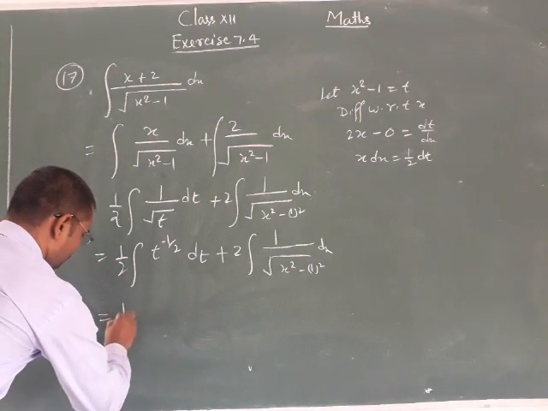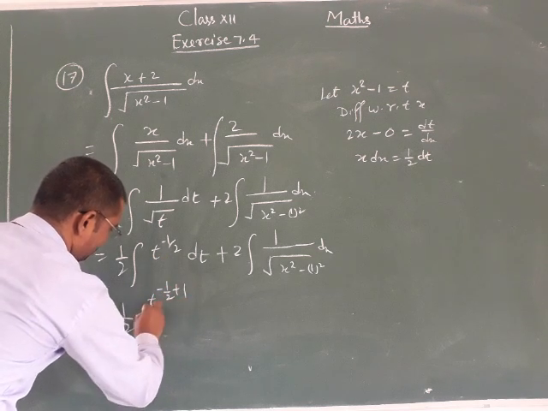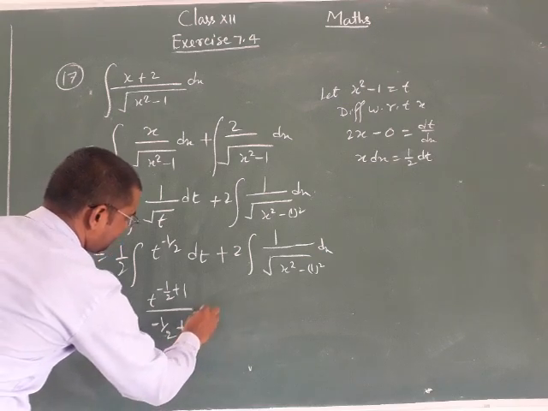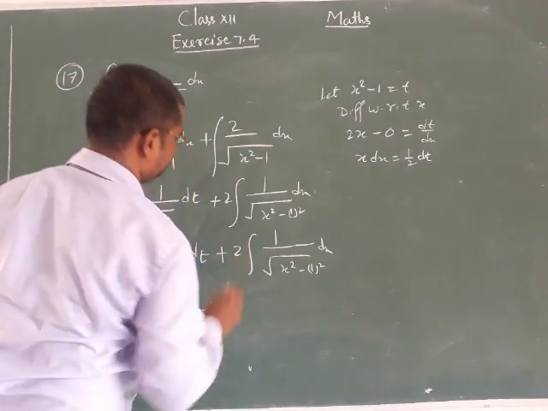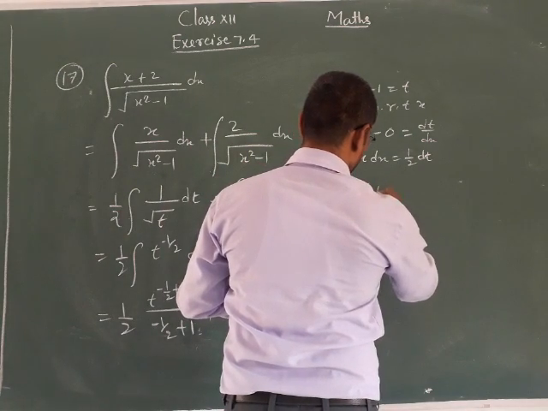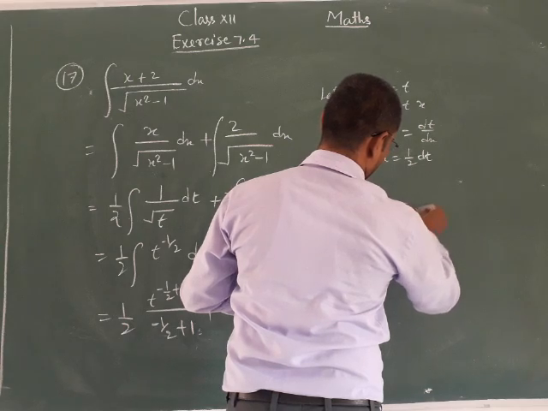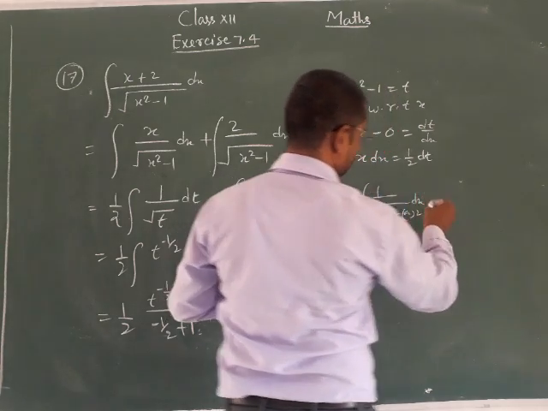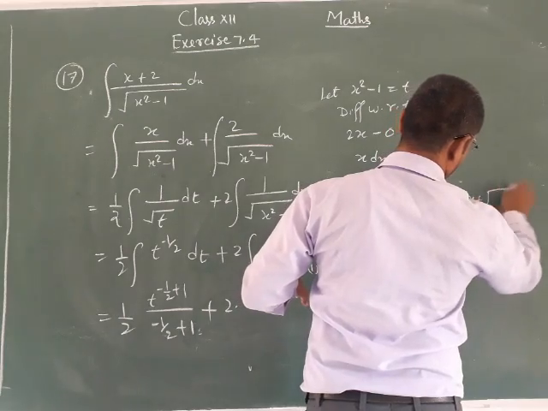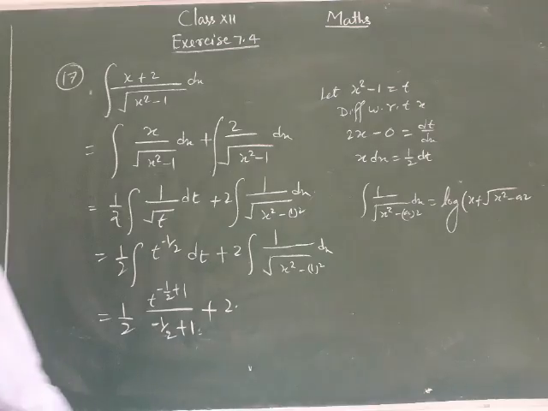Also 1 upon 2 t to the power minus 1 by 2 plus 1 upon minus 1 by 2 plus 1, plus 2 times the integral of 1 upon root x square minus a square dx, which is equal to log of x plus root x square minus a square.